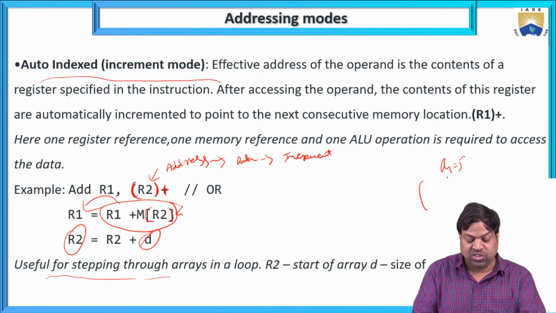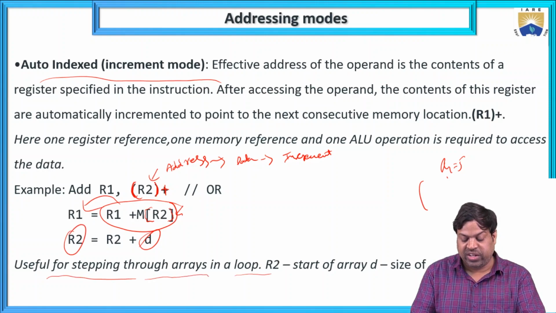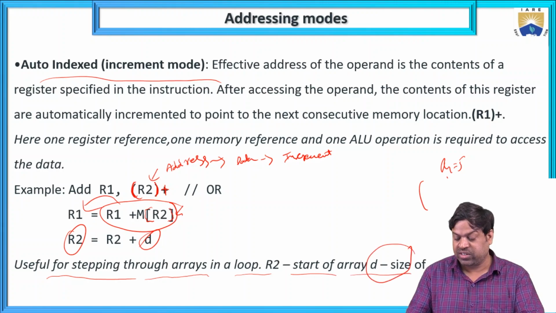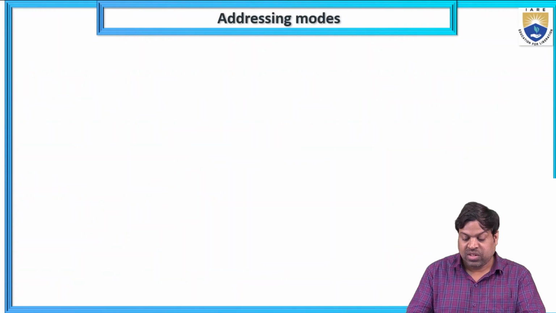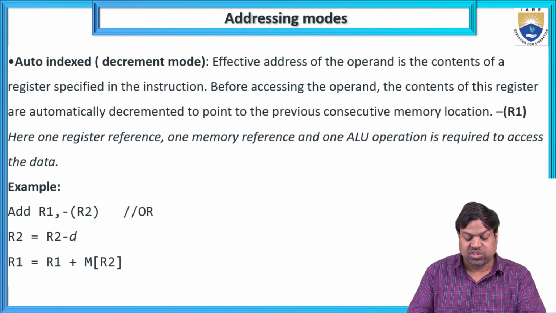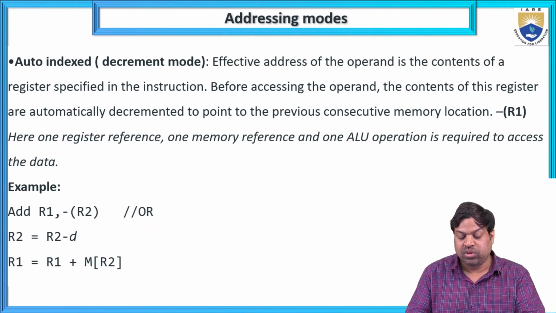So it is useful for stepping through an array in a loop, where R2 is the start of the array and d is the size of the element. So here are the addressing modes: auto indexed or decrement mode. The effective address of the operand is the contents of the register specified in the instruction.